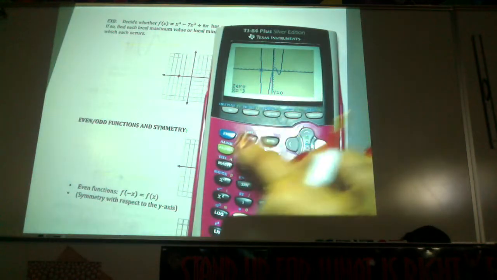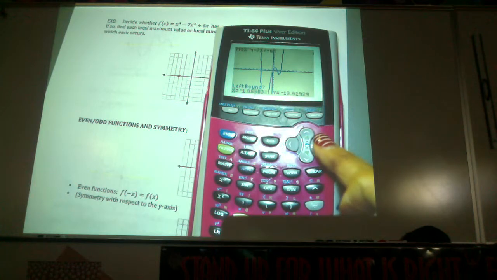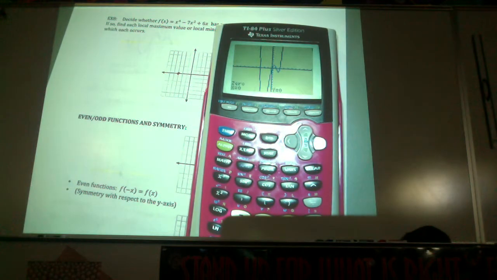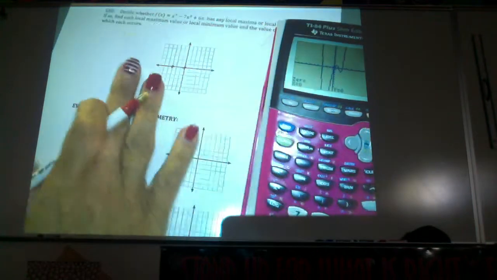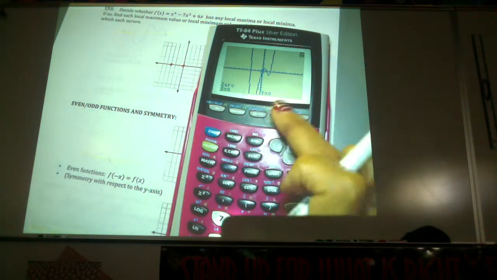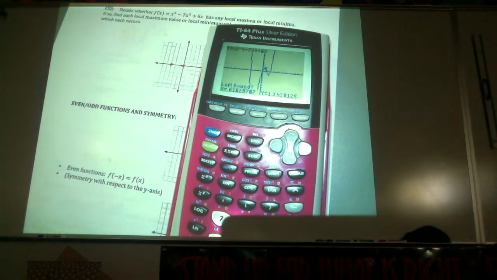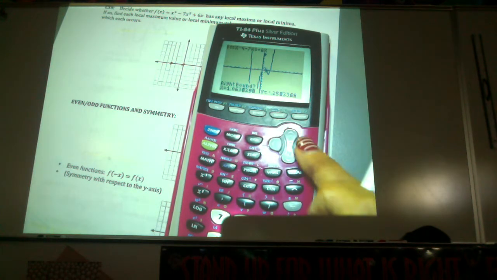The next zero, scroll to the right, enter, go just above, enter, enter again. 0, 0, not shocking. Then the next zero is here, so second calc, just above, enter, and just below.